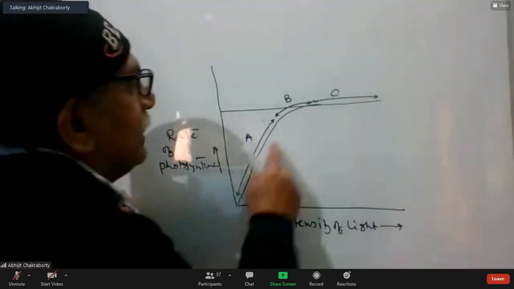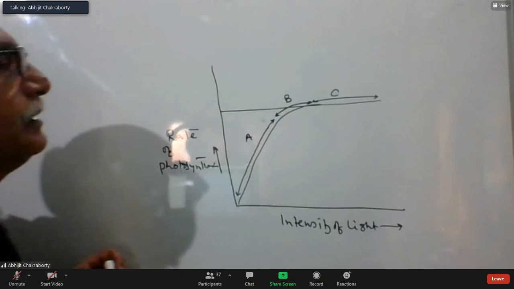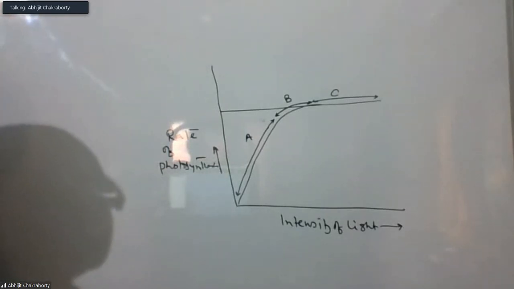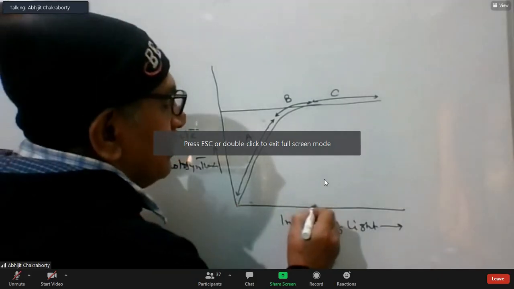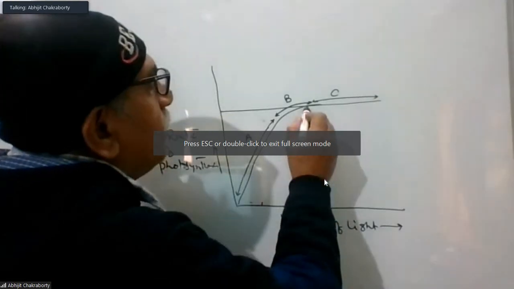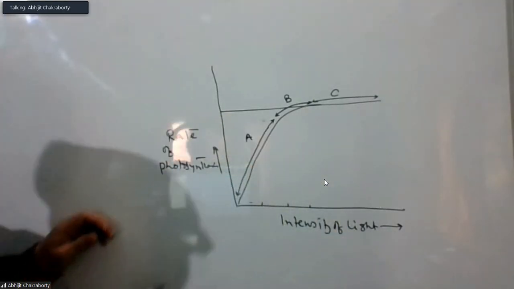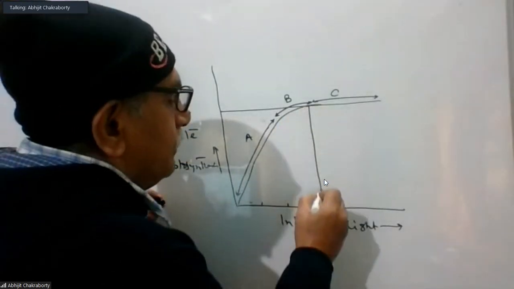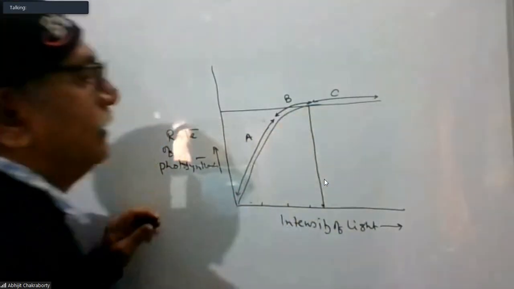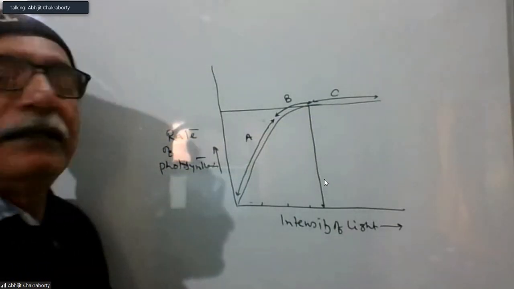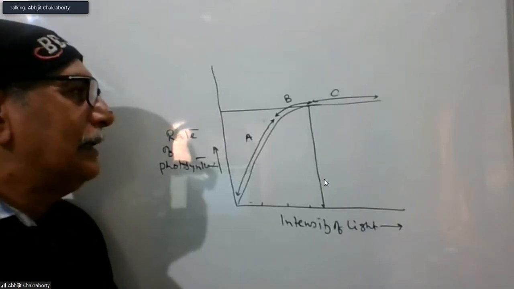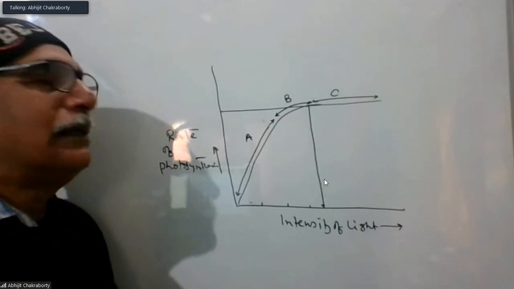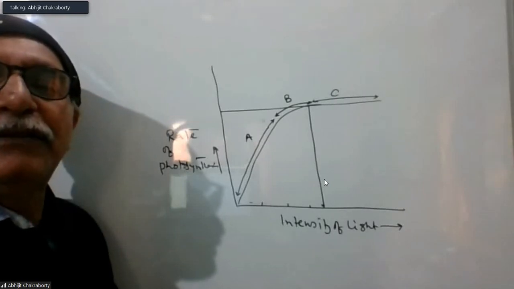When light intensity increases, after a certain limit it doesn't show an increase because other factors are found limiting. After this point, there is no increase further. This is the role of intensity of light. Is it clear to you? Yes, sir. At point A it increases, at point B it gradually decreases, and at point C it becomes constant. Further increase will not take place. Is it clear?